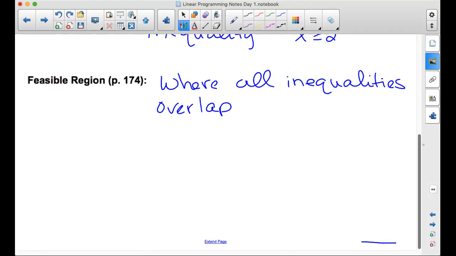That's that darkened region. Where all of our inequalities, all the shading, is overlapping, it actually gets a name. It's called a feasible region. That's going to be where our solution exists.